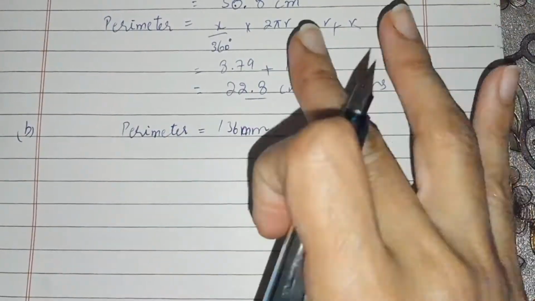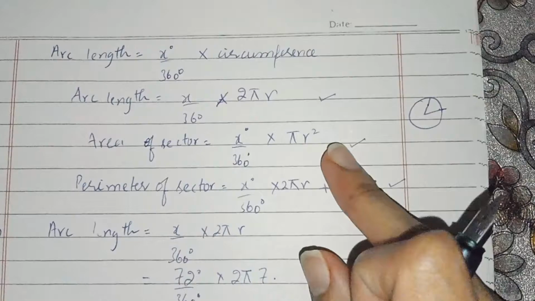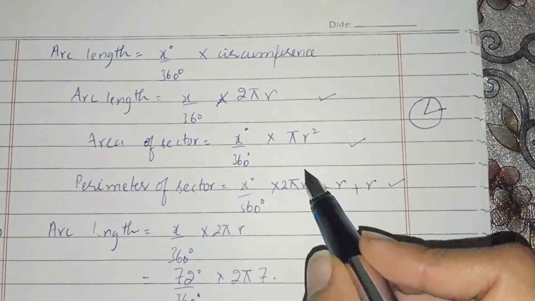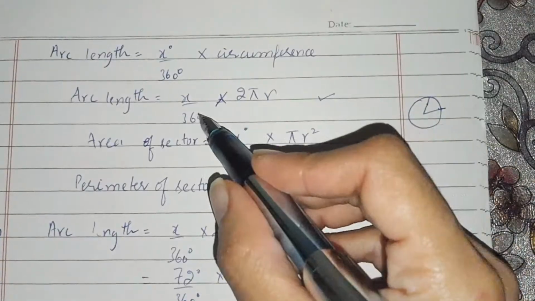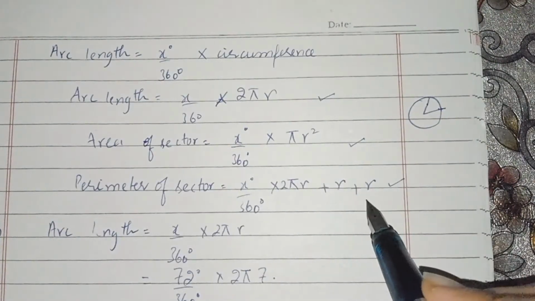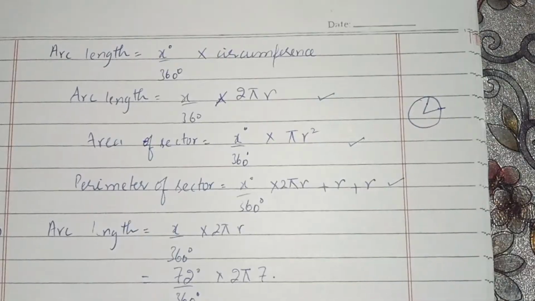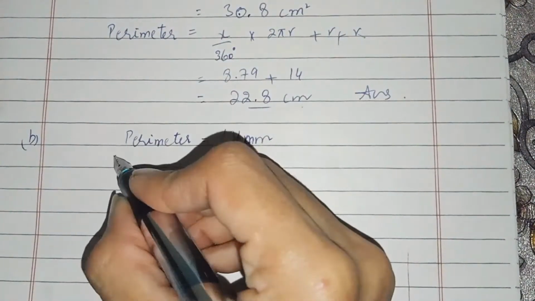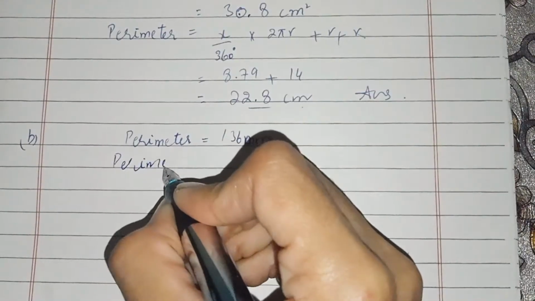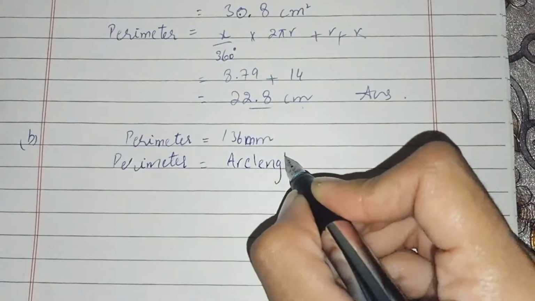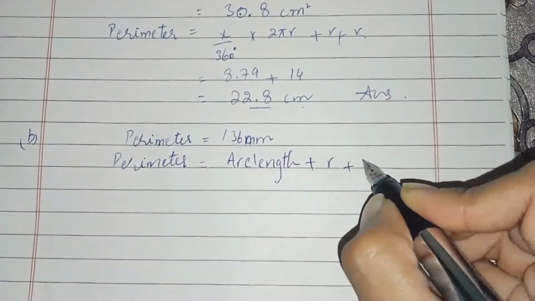You know that, now students, these are the three formulas you can observe. That is the perimeter of a sector and this formula is for arc length. You can write there perimeter of a sector: arc length plus r plus r. Now I transfer my formula in this shape and perimeter is equal to arc length plus r plus r.